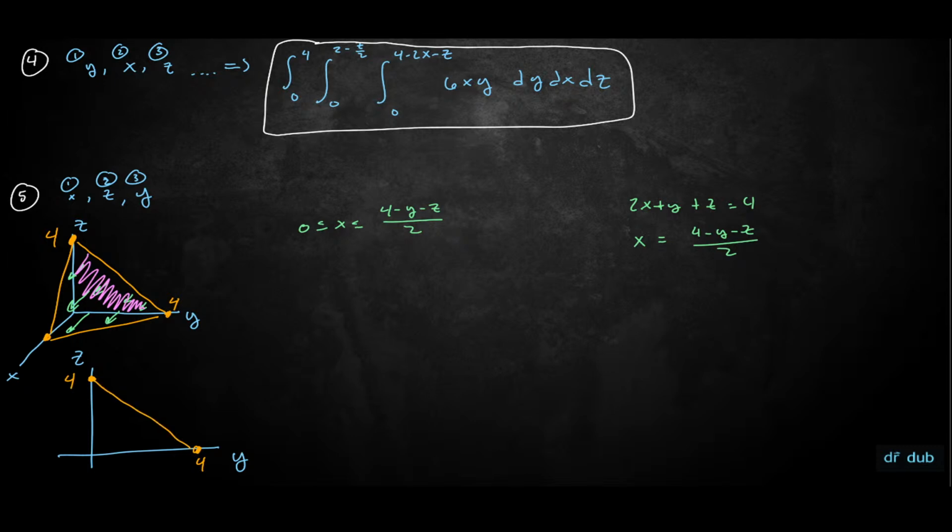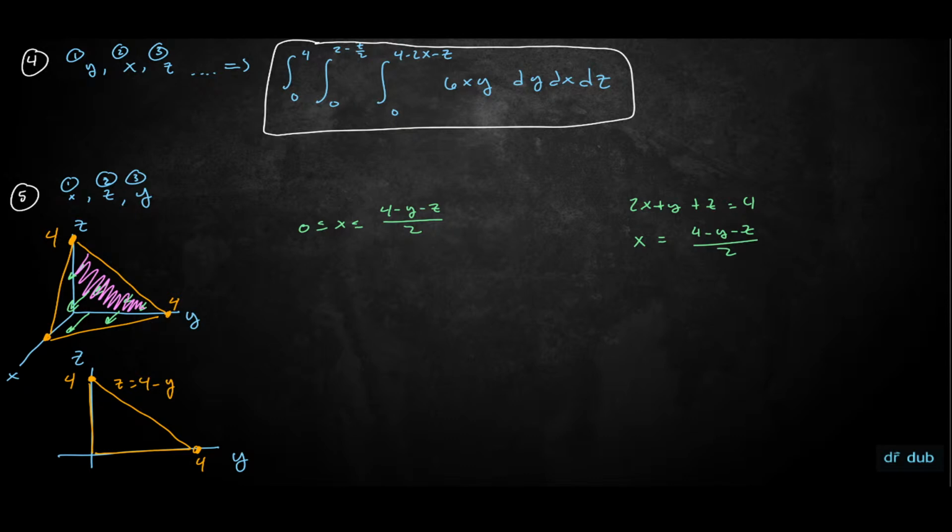It has a slope of negative 1 now. So this is the equation z equals 4 minus y.